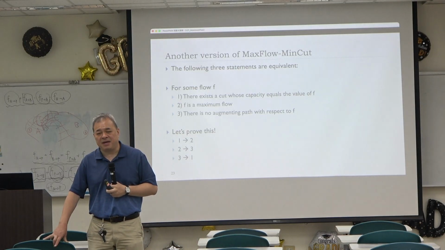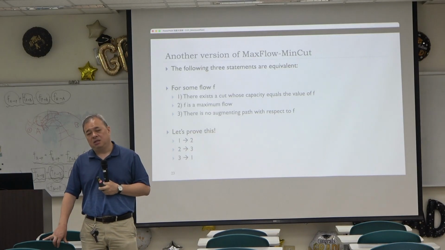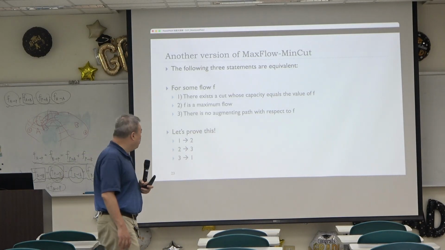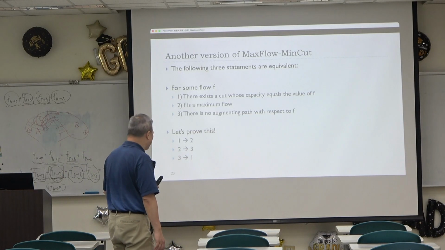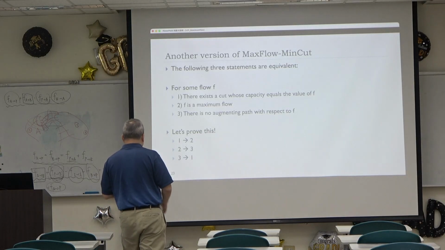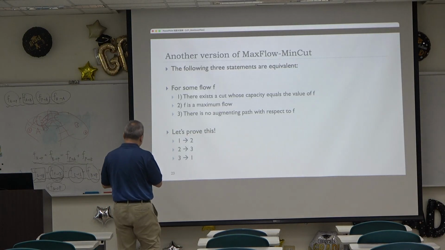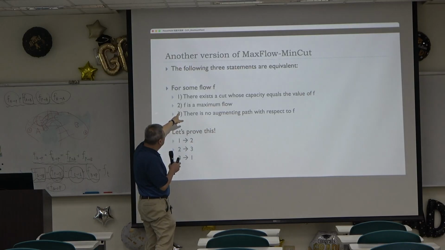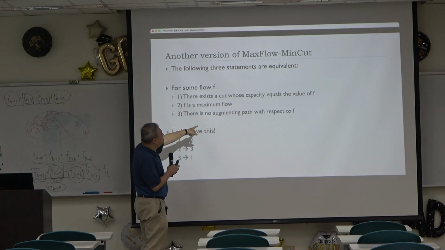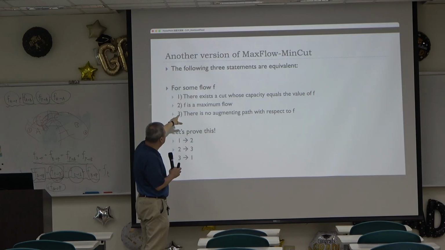So this is done by contradiction. If there were an augmenting path, then you are able to add additional capacity to your flow F. Then F wouldn't be the maximum flow. So it violated the assumption. So you can go from 2 to 3.